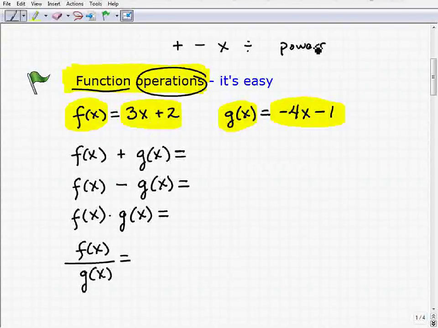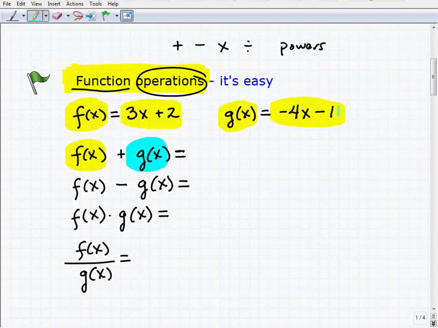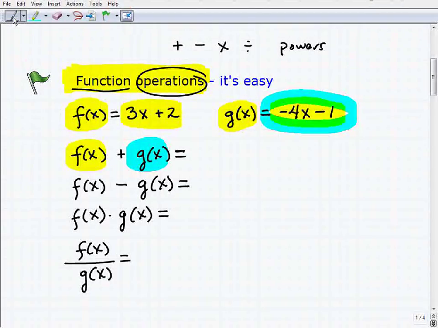Okay, so with that said, let's go ahead and take a look at f of x plus g of x. So this is your function g of x, and you have the function f of x. What do you think this means? Just take maybe a moment here, and logically, what do you think it means to take f of x and add it to g of x?